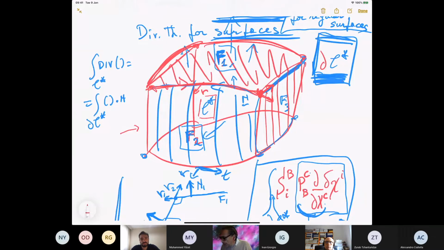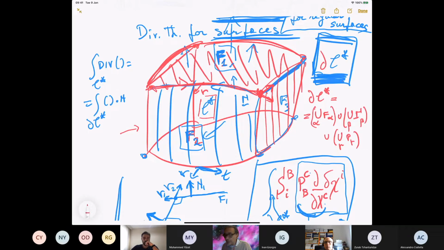Okay? And so we can say that the boundary of C star is equal to the union of a finite number of faces, the union of a finite number of C1 curves, and the union of a finite number of points, which are wedges. Okay?